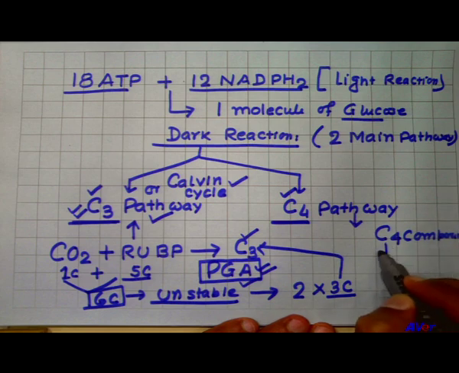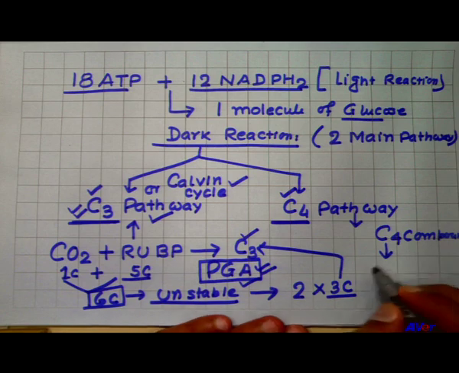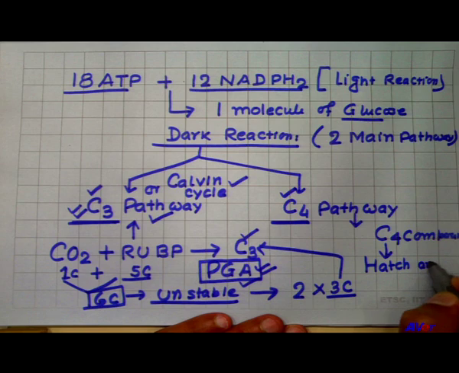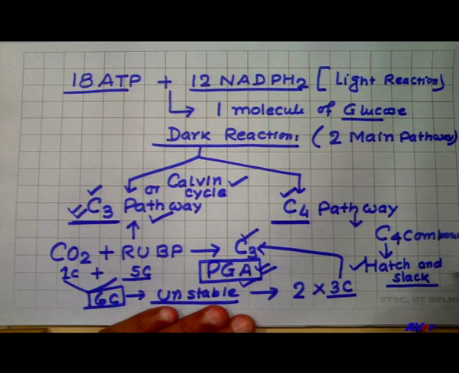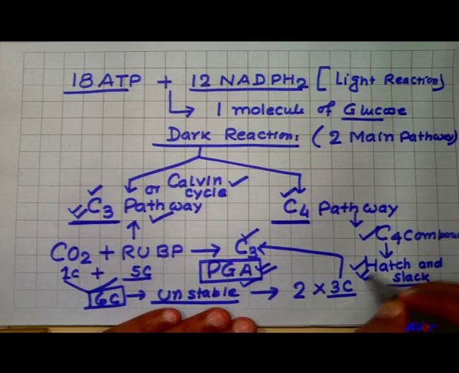It was first given by Hatch and Slack. So, this pathway is called the C4 cycle or Hatch and Slack cycle.